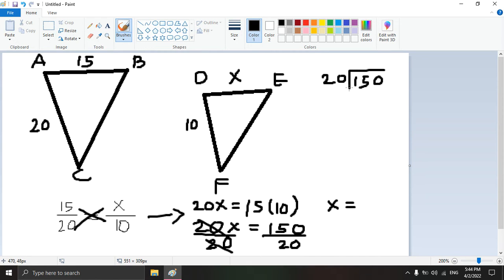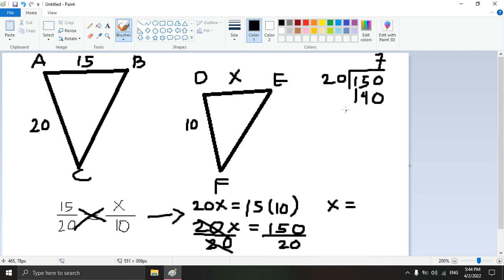150 divided by 20. If 8, that's 160. If 7, 140. So 7 times 20 is 140.